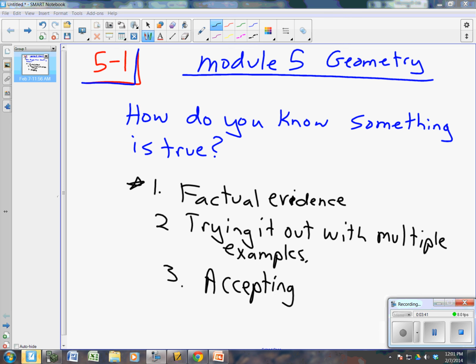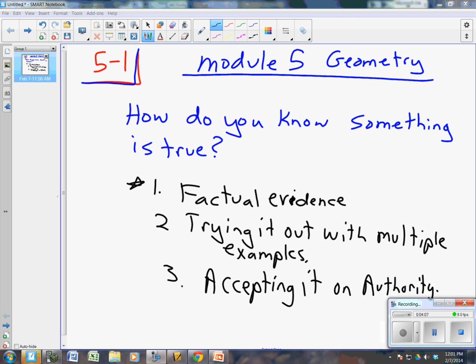Accepting it on authority, right? Do we do that sometimes? I think we do that all the time. Everybody does that. You hear a scientist has done research on something, and he states that such and such is true. And do we believe it? Most of the time. Not always, but most of the time we believe what they're saying is true. We accept things on authority.